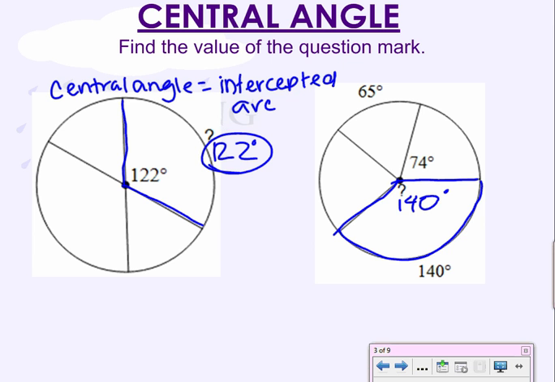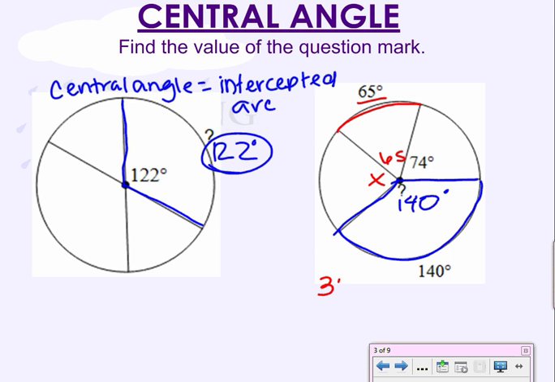Now, I'm going to take this a step further and say, what if we were looking for this piece? Now, we don't know anything about this piece, so we can't use this rule directly, but we do know that 65 is the arc measure here, so the central angle will be 65. And we also know that there's 360 degrees in a circle.